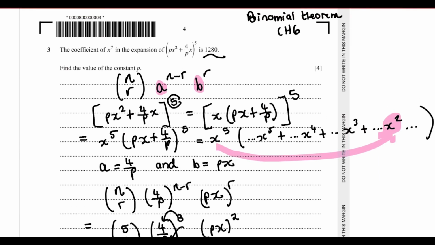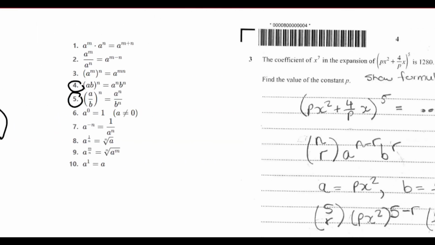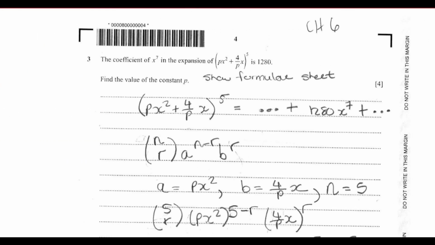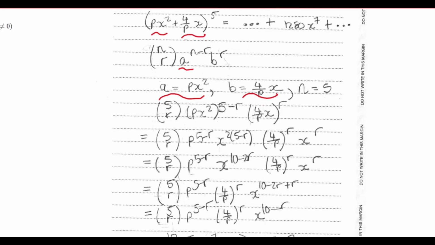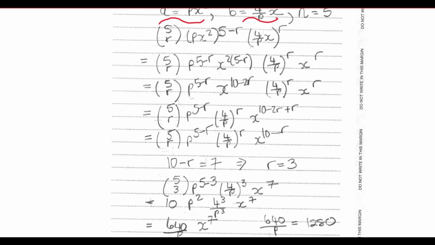Now you can decide what is easier, this way or over here. I've kind of given you the more traditional way, where you let a be the first term in the bracket and b the second term. This one is just a bit more complicated because you'll have so many power rules that you'll have to deal with.